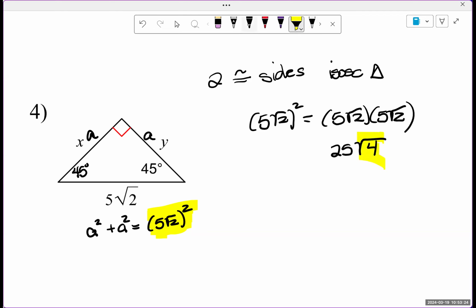So square root of 4 is 2. So as you do this, you're going to get faster, and you're going to go 25 times 2 is 50. So I'm going to say 2a squared is equal to 50.